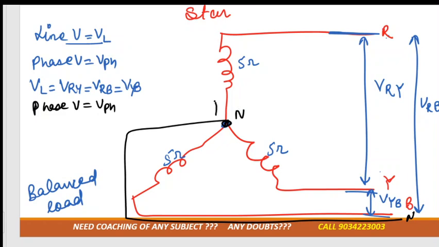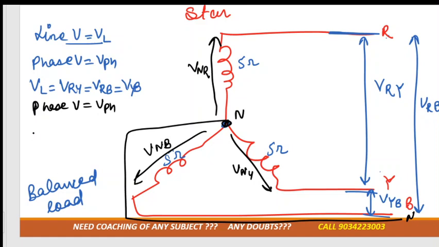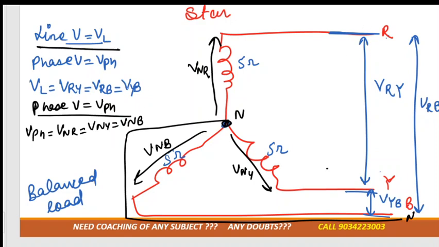So the voltage across N and R would be VNR, across N and Y would be VNY, and across N and B would be VNB. So phase voltage VPH is equal to VNR is equal to VNY is equal to VNB. Now, understood what the line voltage and the phase voltage are? Line voltage is the voltage across the line, and phase voltage is the voltage across the phase.